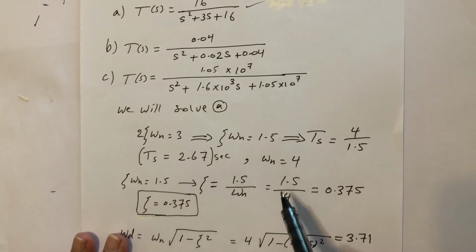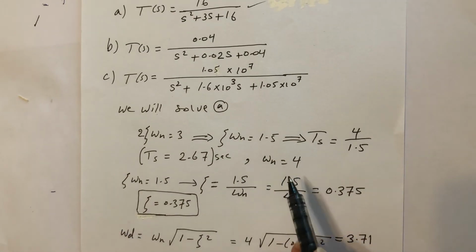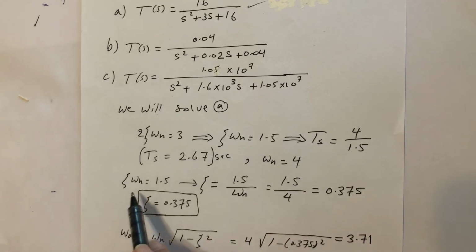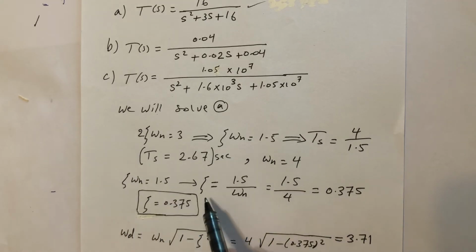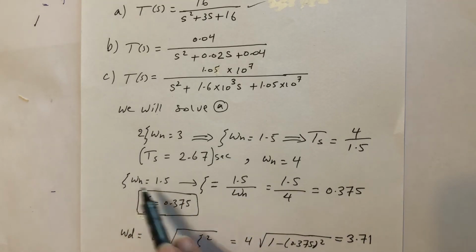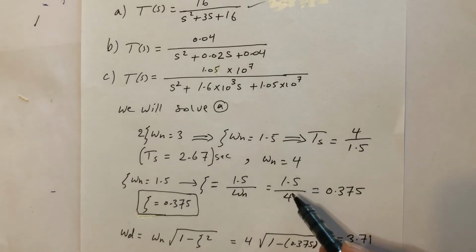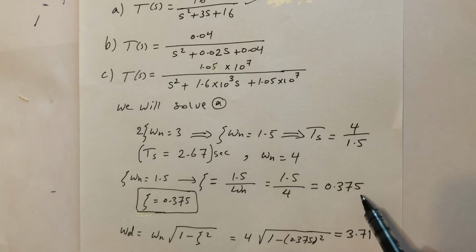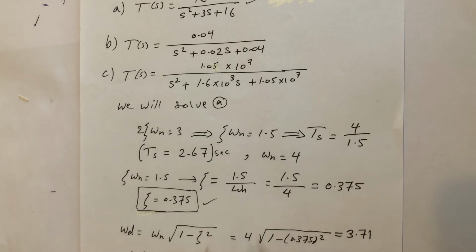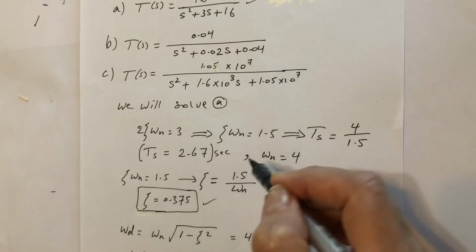So omega n equals square root of 16, which is 4. So zeta omega n equals 1.5. Then zeta equals 1.5 divided by omega n. So it will equal 1.5 divided by 4, and equal 0.375. So zeta equals 0.375, and we found the settling time equal to this.